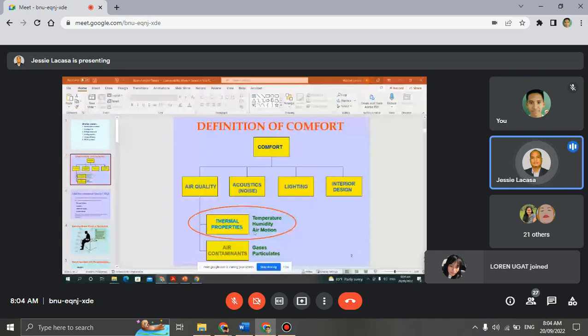And for air motion, for example, magpa-fan ka, so kinahanglan kag air motion, kay kung walay air motion, even though baba ang temperature, dili nimo ma-feel nga naman ang air nga nasa imong palibot or duol sa imong skin mo absorb sa heat gikan sa imong body.